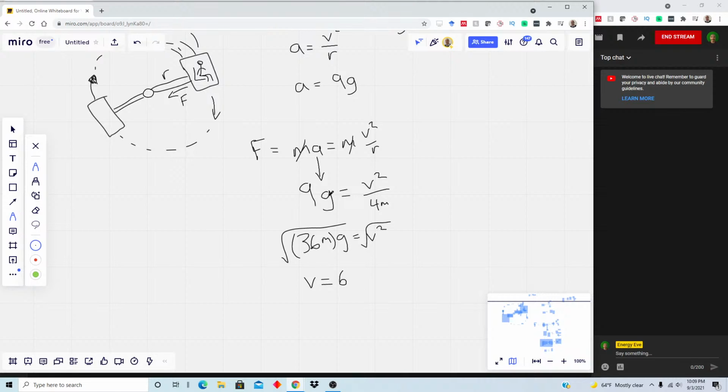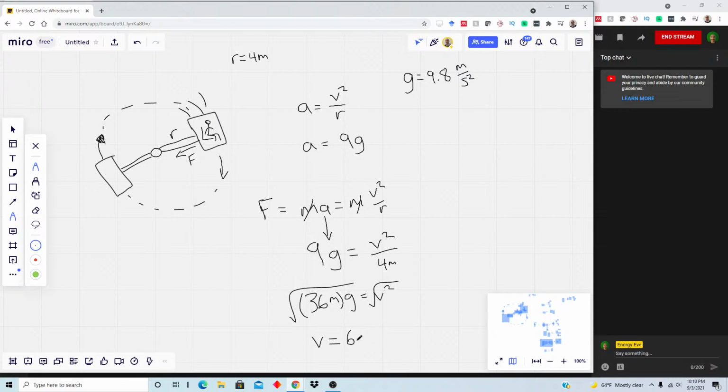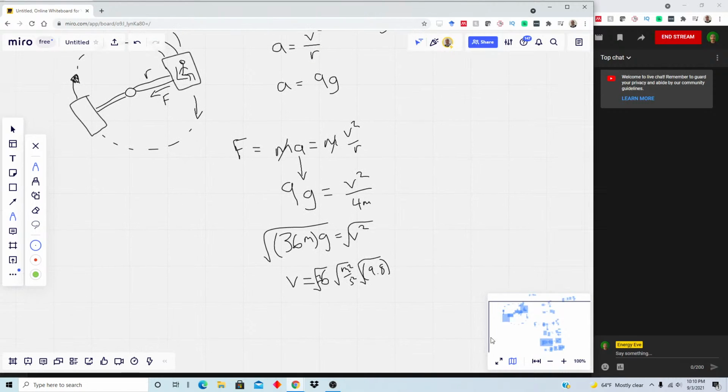Hold up, I just want to make sure I've got my units squared away. Our r has units of meters, and g is meters per second squared, as denoted up here. Since we're taking the square root, we have 6, which is the square root of 36, times the square root of meters squared over seconds squared. Technically g is 9.8, but we're just going to leave it as g, thinking of the magnitude of g.